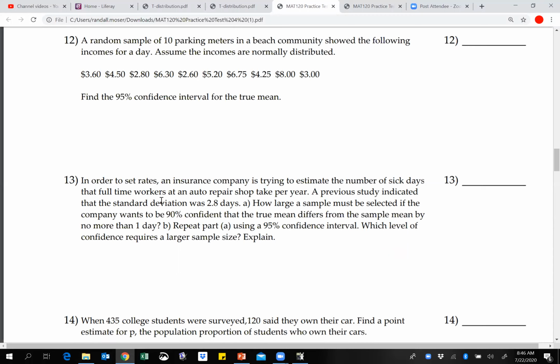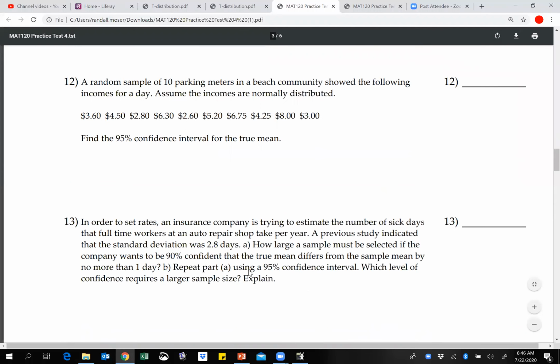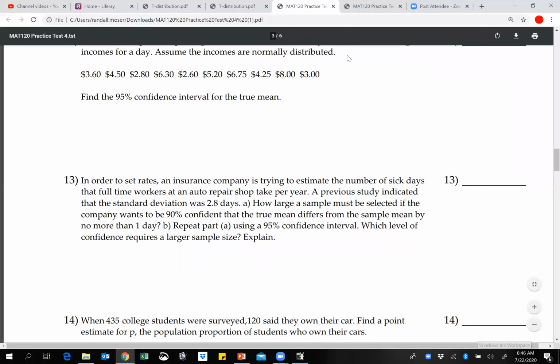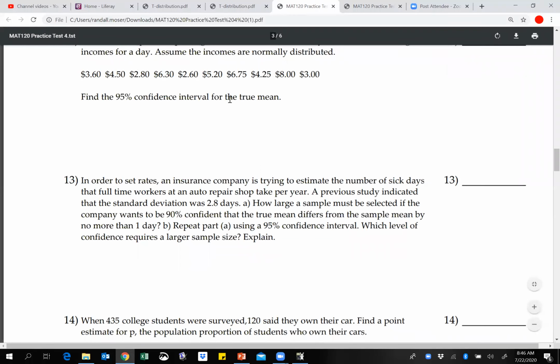is in number 13. Let me just take a look at number 13 real quick. So one of the things that we saw as it pertains to the minimal sample size. Okay. Actually, I guess it's not number 13.